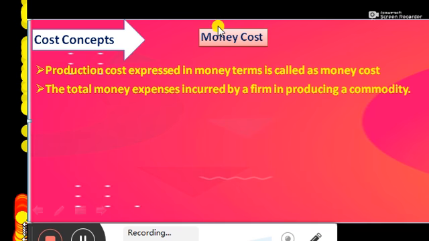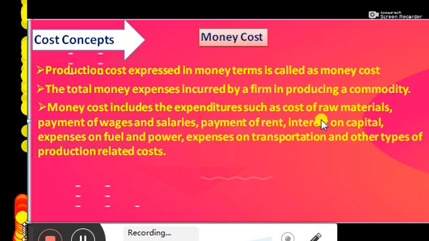The total money expenses incurred by a firm in producing a commodity, that is what is money cost. If they ask, you have to write one by one. First, production cost expressed in money terms is called money cost. The total money expenses incurred by a firm in producing a commodity.